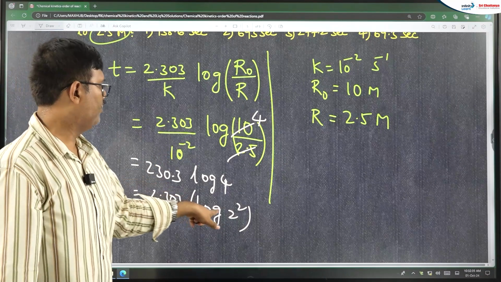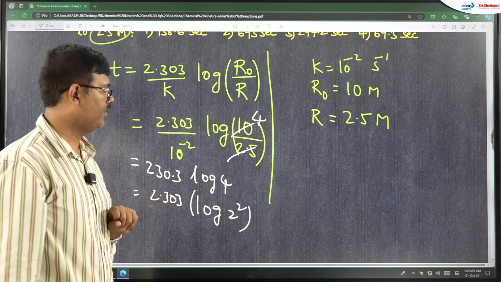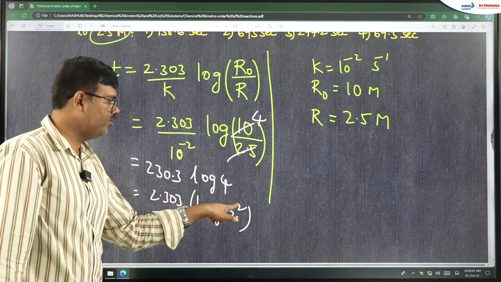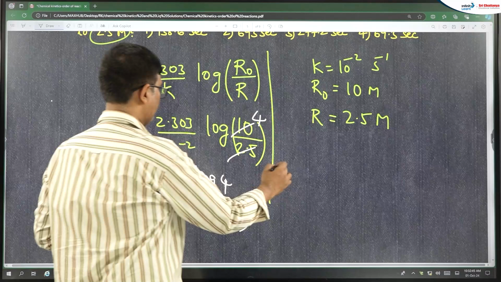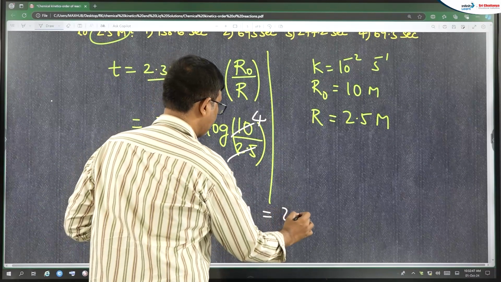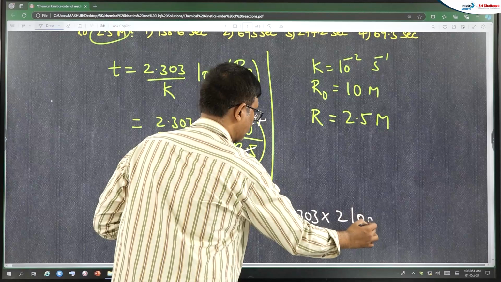Now, this power 2 we can bring to the front of the logarithm. Then it will become 2 log 2. So let's simplify this further. 2 log 2, 2.303 into 2 log 2.